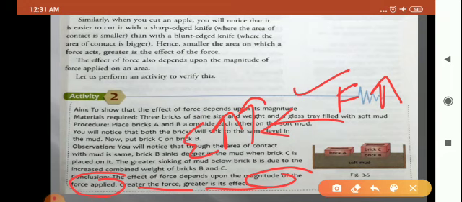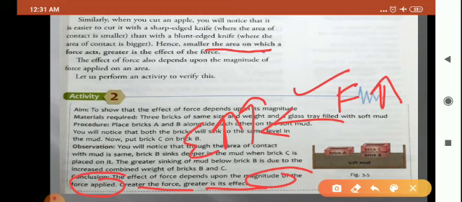And what was the first effect? That greater will be the effect of the force if the area of contact is smaller. Okay, children? Now here the same line is given in your book. This is about your first effect of the force.